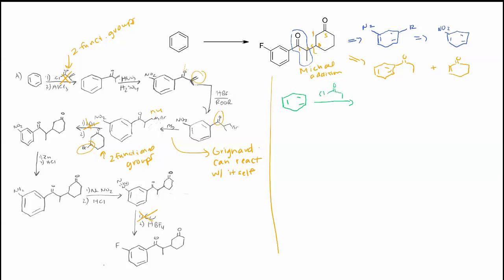So I'm going to add the 3 carbons. And then this is a meta director because it's electron withdrawing. And that's what I want, meta to there. So I'm going to add the nitro group.